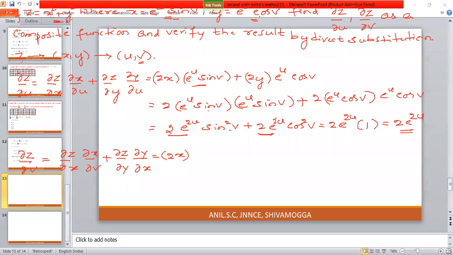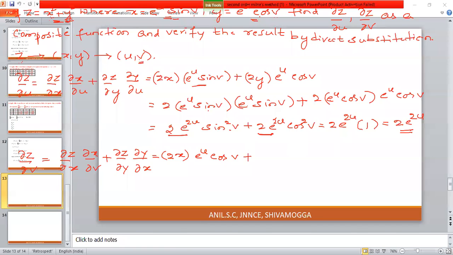Differentiate x with respect to v, treating u as constant. Therefore, e power u as this. Derivative of sin v is cos v, plus del z by del y. Differentiate z partially with respect to y, treating x as constant.